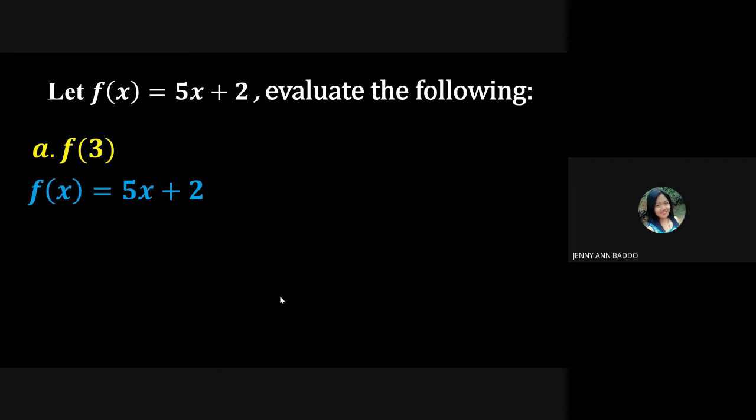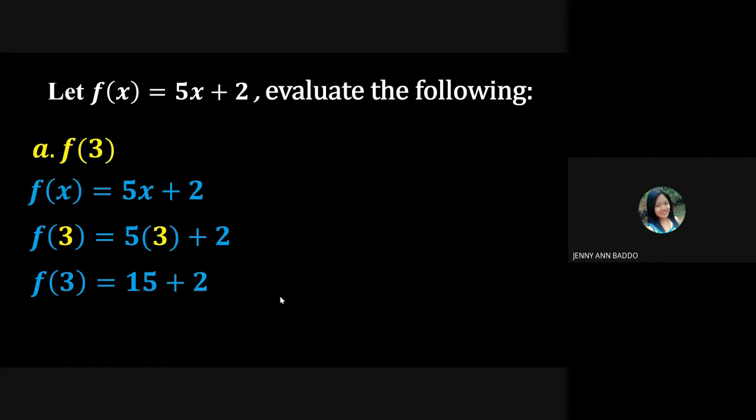So changing all x's to 3, we now have f of 3 equals 5 times 3 plus 2. Then, by simplifying, we now have 5 times 3, that's 15, plus 2, so we have 17. Therefore, if x equals 3, y equals 17, or f of 3 equals 17.